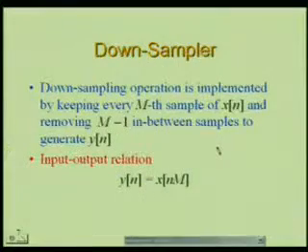It is very easy. You can simply suppress M minus 1 samples out of the given discrete samples. Between two consecutive samples, you have to simply suppress M minus 1 number of samples. So, this way I can reduce the number of samples by a factor of capital M, thereby decreasing the sampling rate by a factor of 1 divided by M.